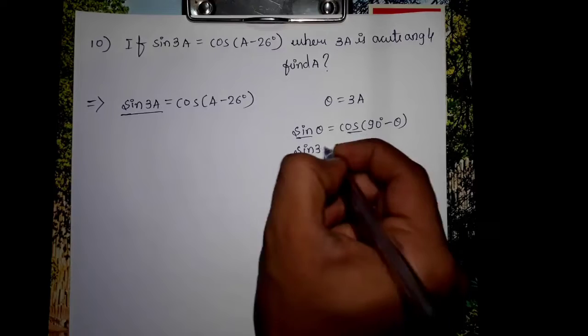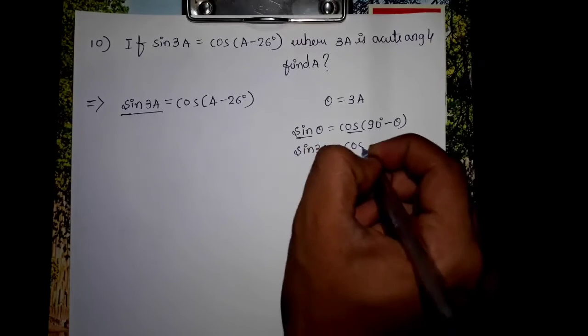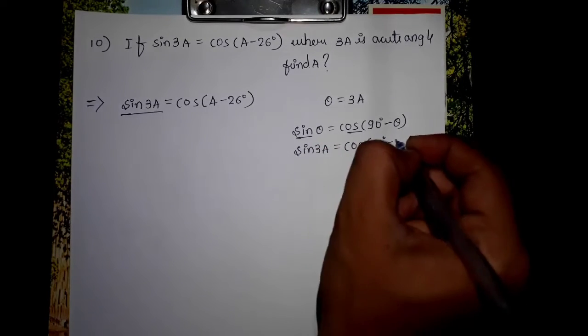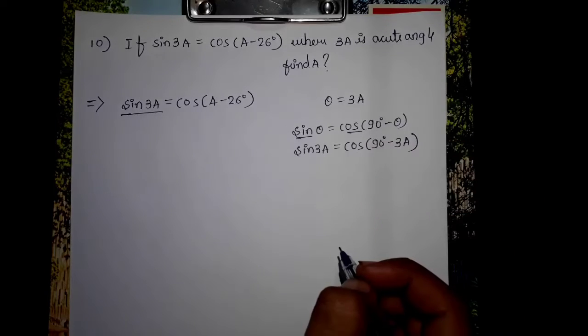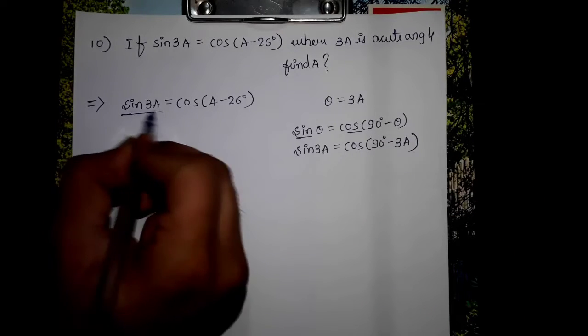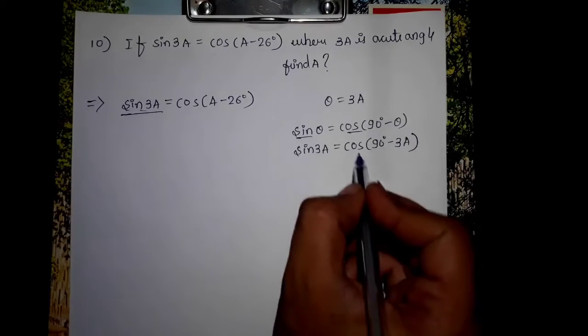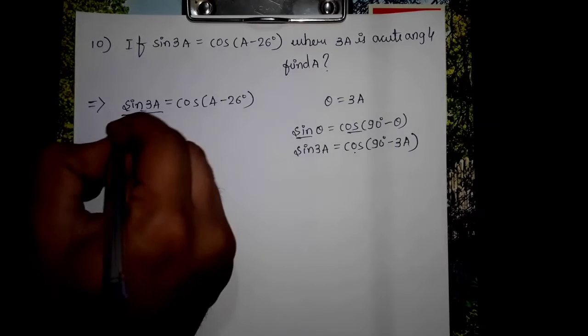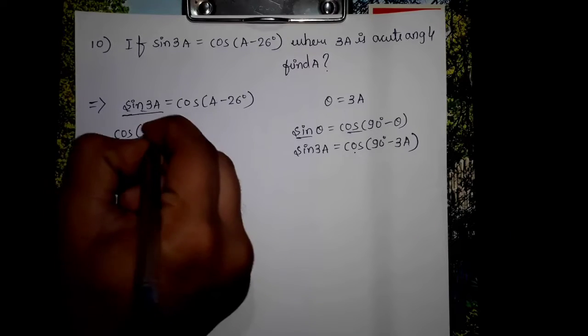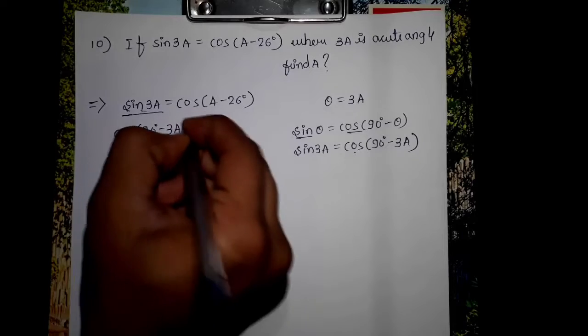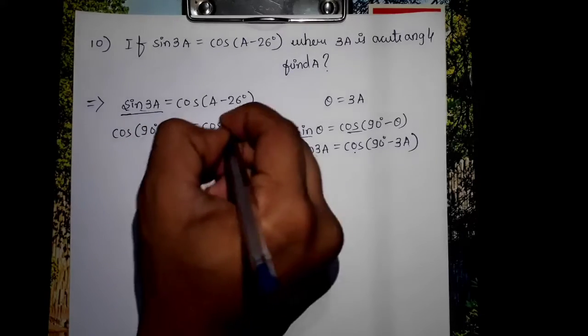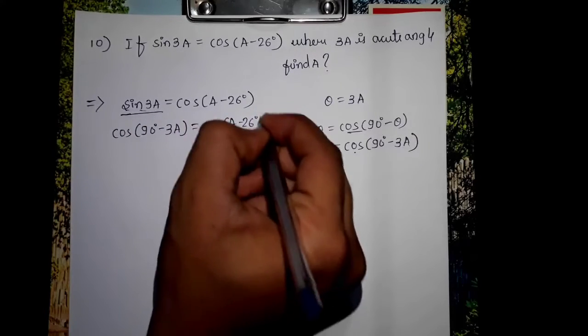Sin 3a is equal to cos of 90 degree minus 3a. Now in place of sin 3a, I can substitute cos of 90 minus 3a. Of course I can substitute, so cos of 90 degree minus 3a equals cos of a minus 26 degree.